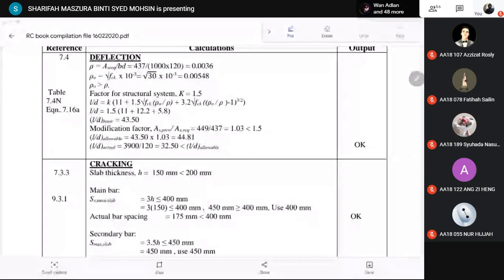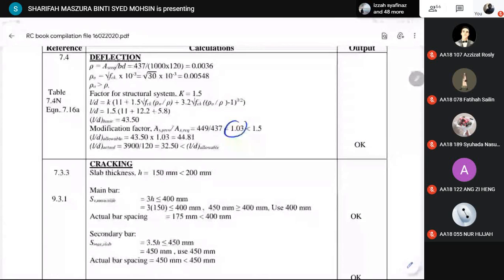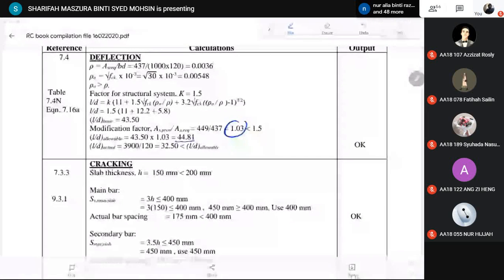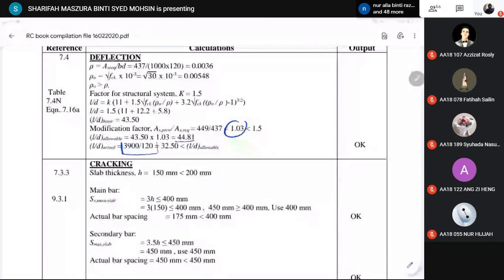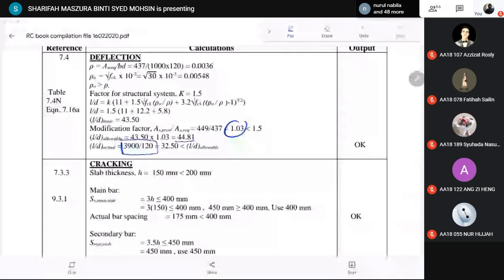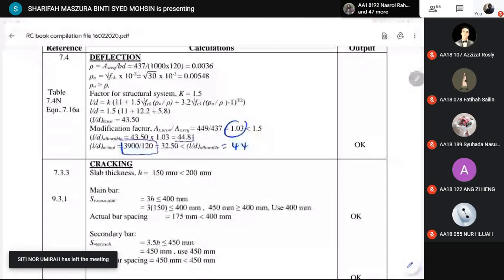We only have to consider for the As provided divided by As required, which is 1.03. So L over d allowable, we get 44.81. L over d actual, 3,900 divided by 120, we get 32.5. Lower than L over d allowable, so our checking for deflection passes.